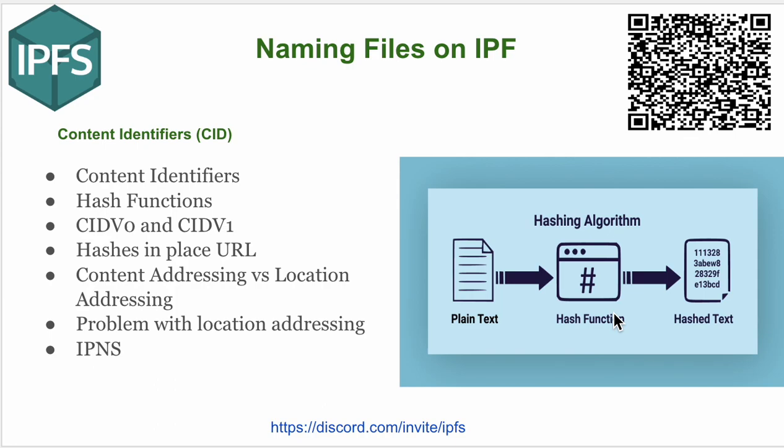This is because you are using the location where the file is stored, but the content at that location can be changed and the URL will still be pointing to it. In content-based addressing, whenever the content is changed, it generates a new hash digest or CID. That's one of the problems with location-based addressing, and why content addressing is better.